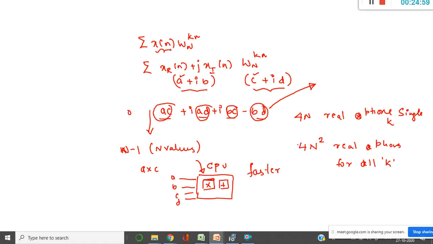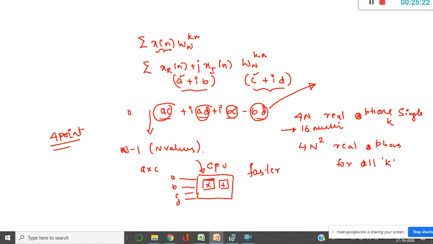Now here, if there is a 4-point DFT, if I'm taking a very small value, a 4-point DFT, how many real multiplications are possible here? 4 into 4, 16 multiplications to calculate one single value of k, to calculate x of 0.